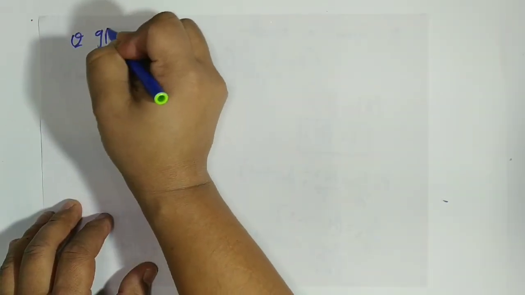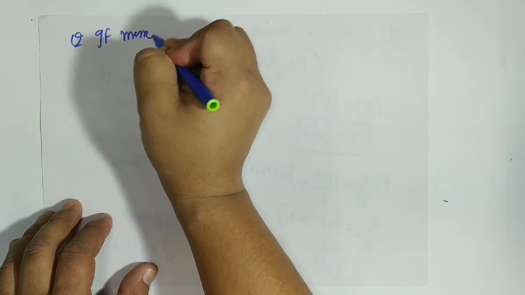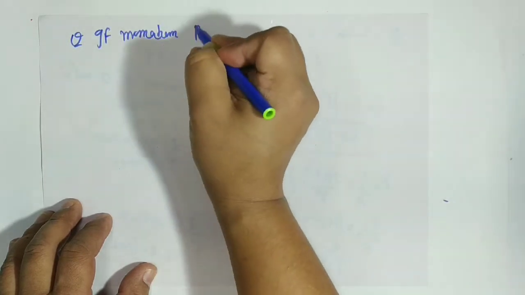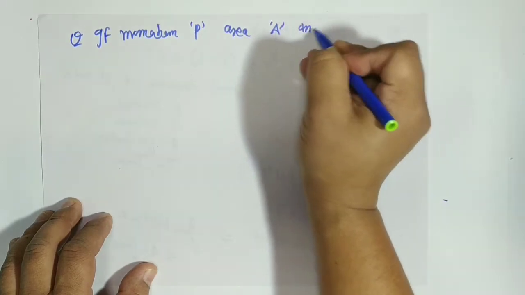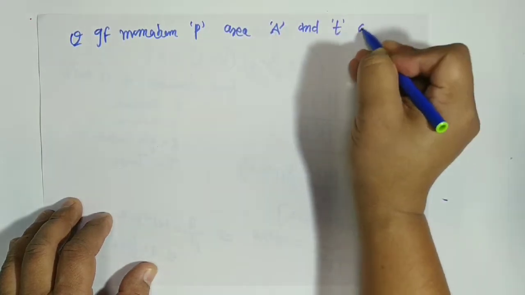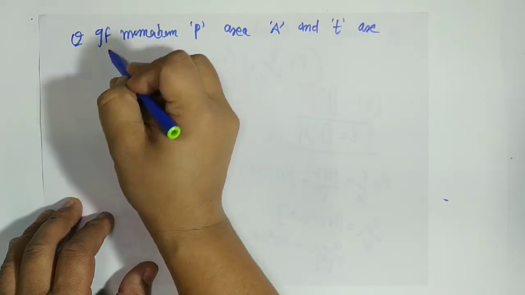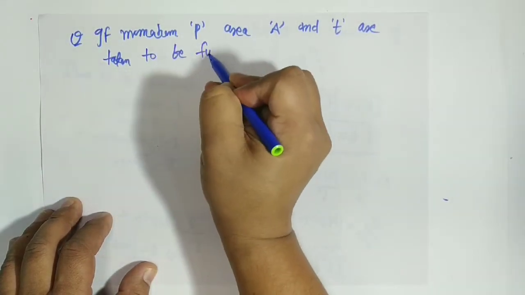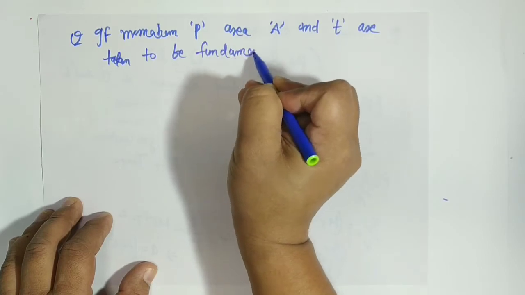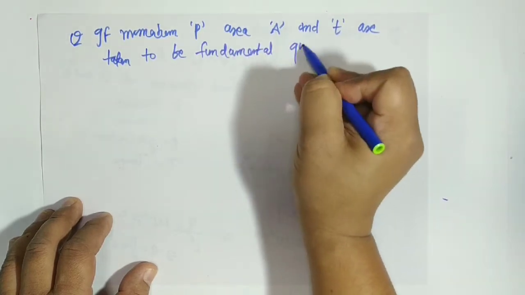One is this: if momentum P, area A and time T are taken to be fundamental quantities, we take them as fundamental quantities.